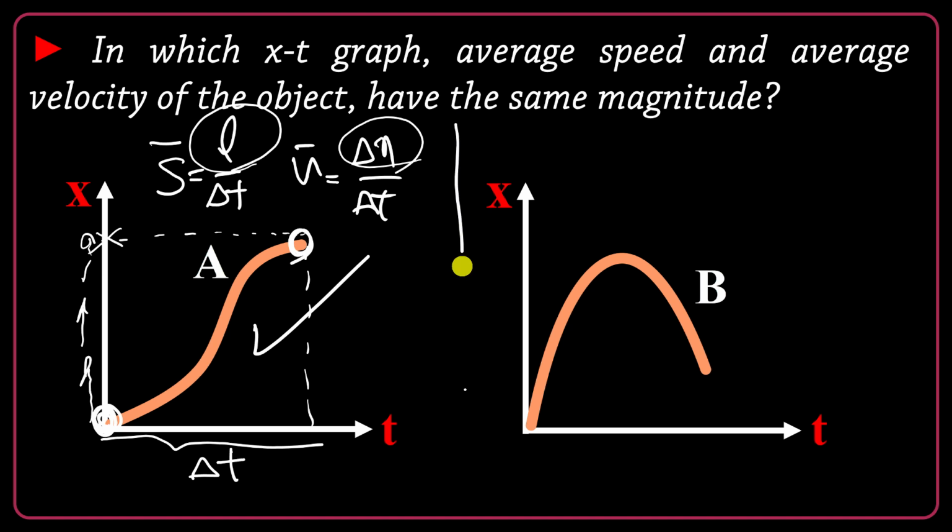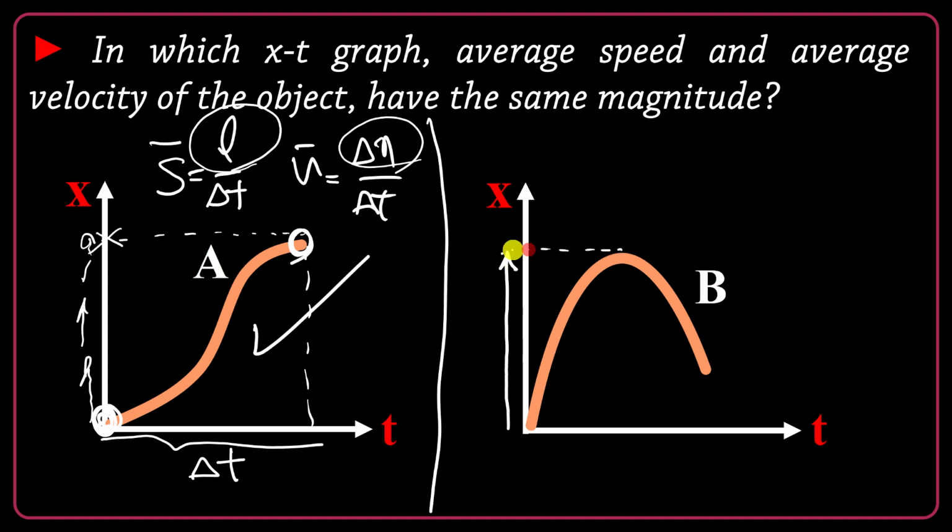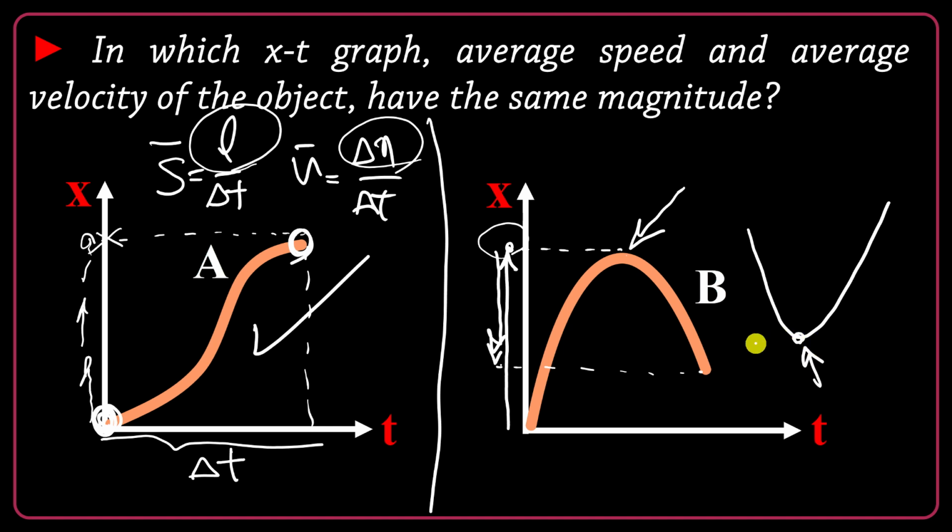But on the right side, it's a little bit complicated. I see the object starts from here, goes this far, stops, and then goes back. Finally, the destination is here. We have a turning point here because we have a peak point on the xt graph. You know that when we have a peak point or a trough like this, it's a turning point on the xt graph.